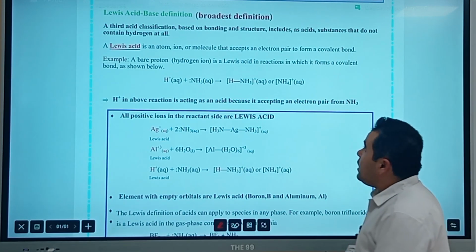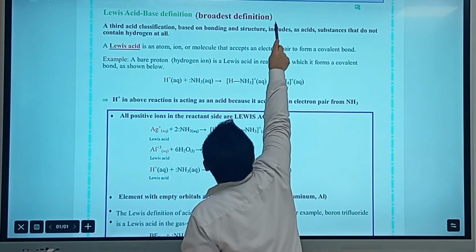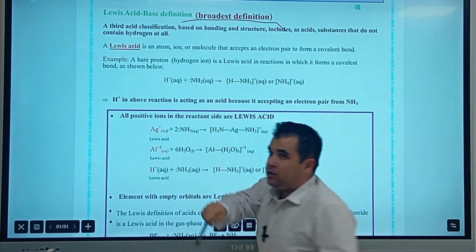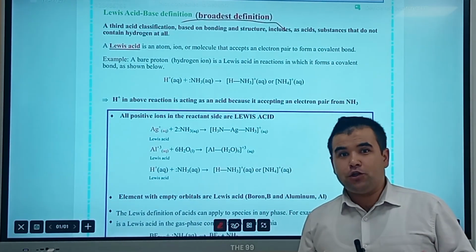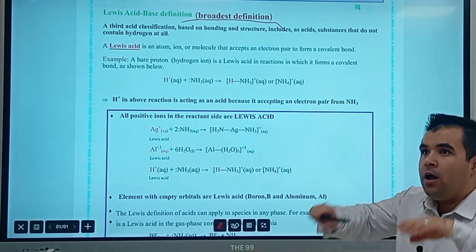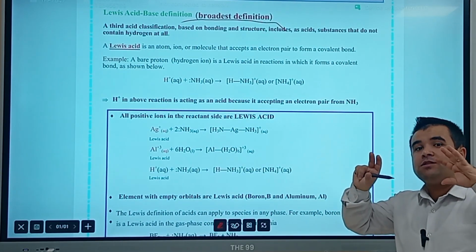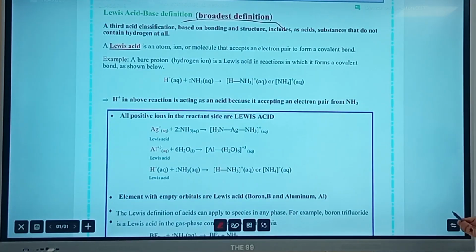That's why this appears in the ministerial exam: which of the following definitions is the broadest? The Lewis definition is the broadest because it includes atoms, ions, and molecules.